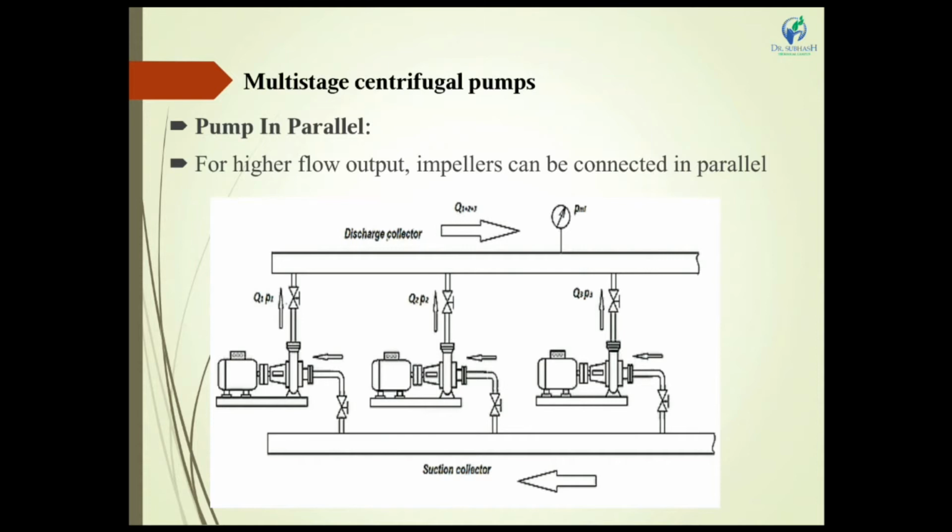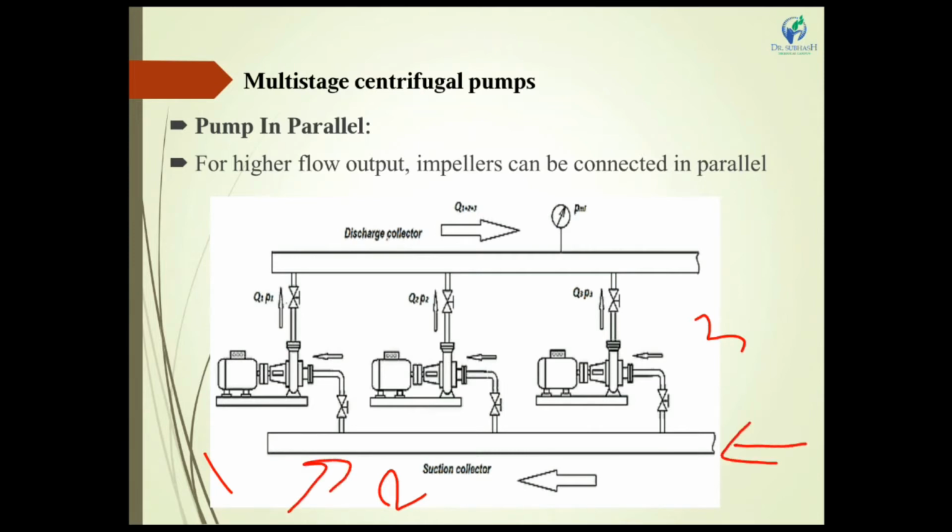Here the pumps are connected in a parallel condition. There are pump 1, pump 2 and pump 3. This is the common header for inlet water and the common header for outlet water.